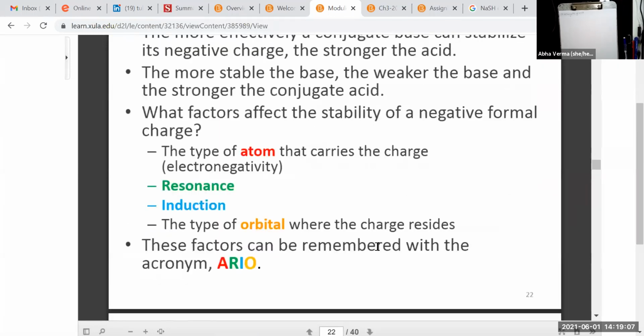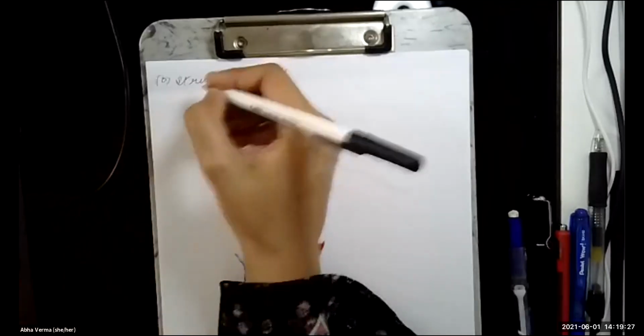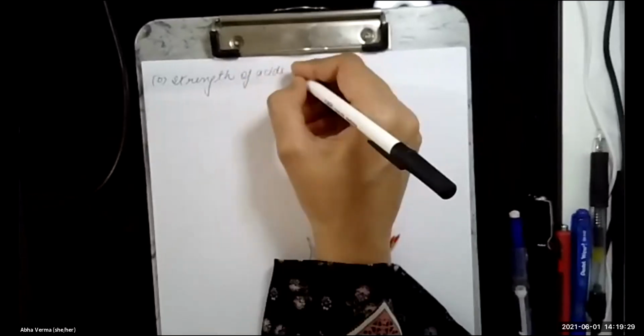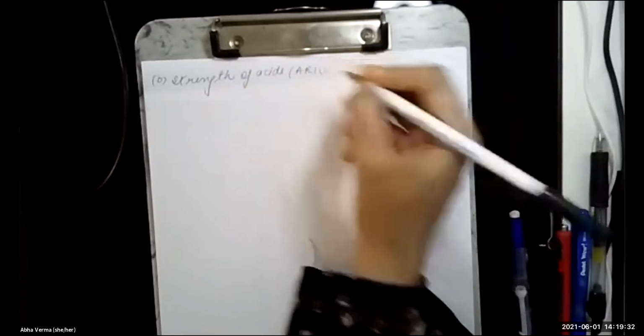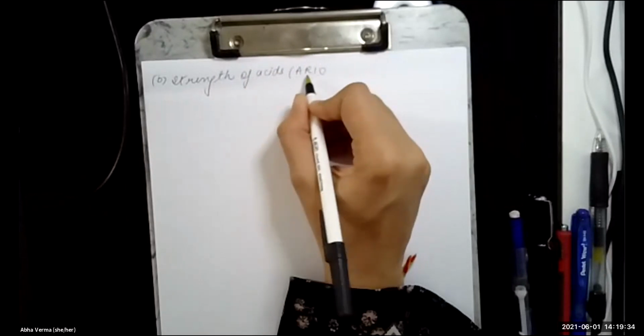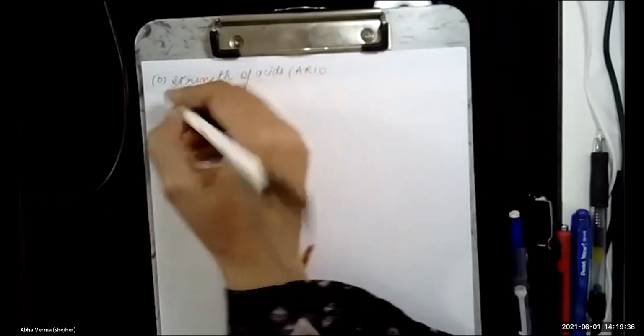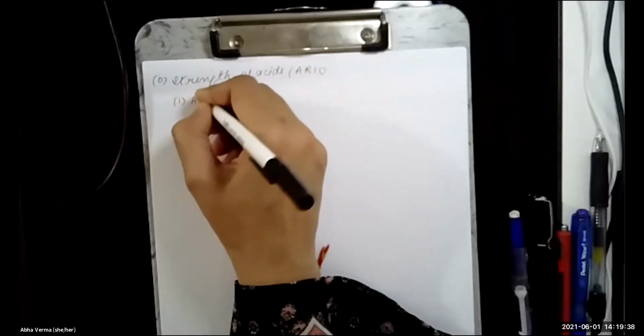A is the atom, or how the atom is located in the periodic table, because bond polarity and acid strength can indicate how much acidity is involved with that atom. So strength of acids is done by the ARIO. We first look at the atom, then the resonance, then the induction.